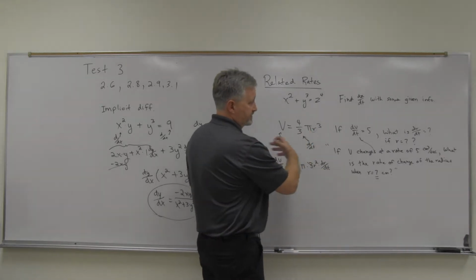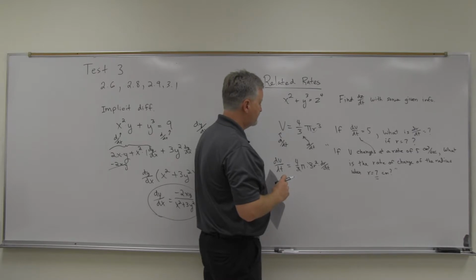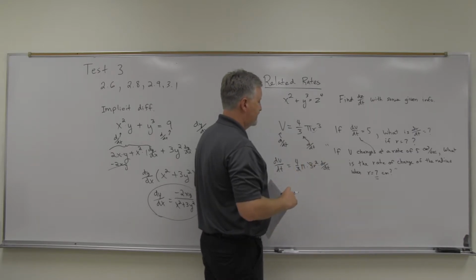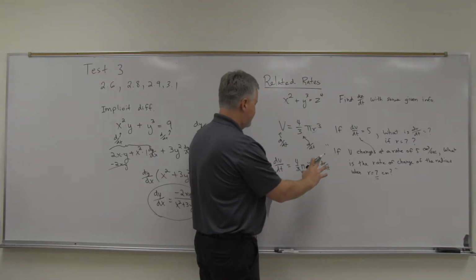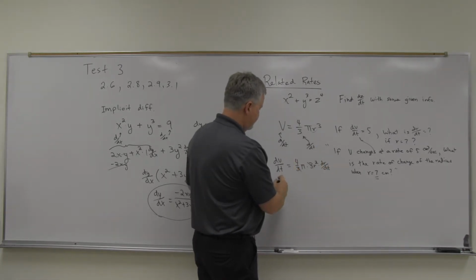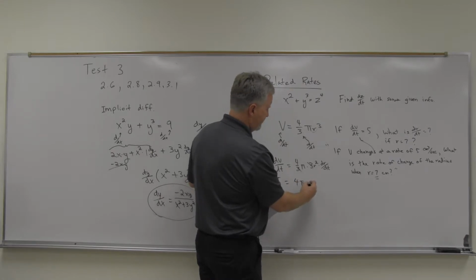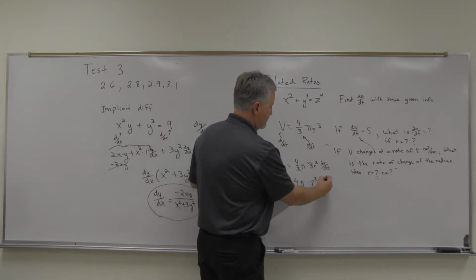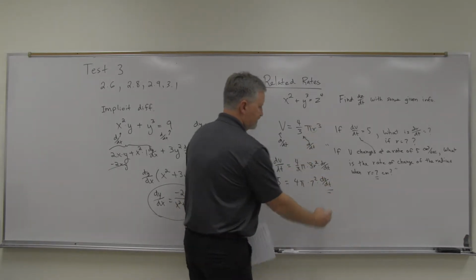In this case, the radius obviously had to change because the volume is changing, and that's implied in the question. But once you do the derivative, then you can plug in dV/dt is 5, the r is 7, and then we can just solve for dr/dt.